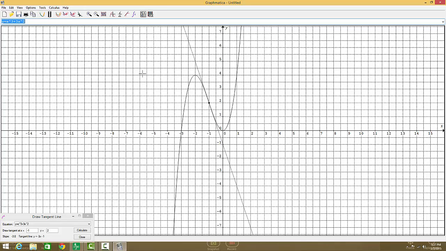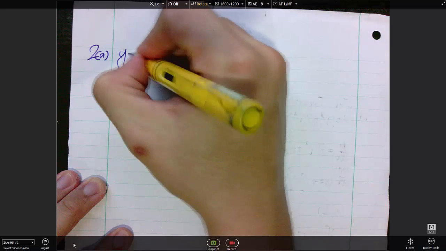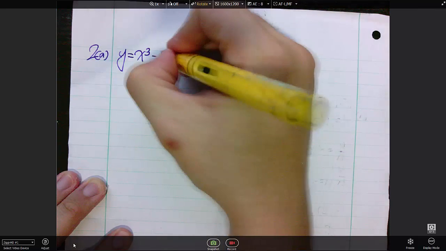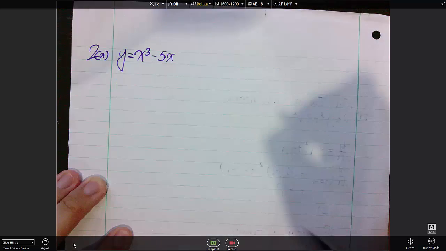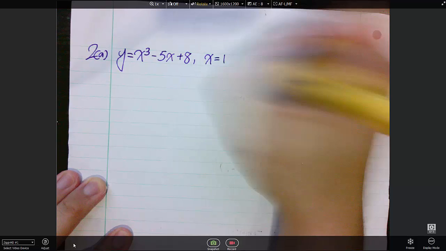Now we move on to the next question, which is question 2a. Let me get back to the presenter. Question 2a, what they give you is the graph y equals x cubed minus 5x plus 8, where x equals 1.